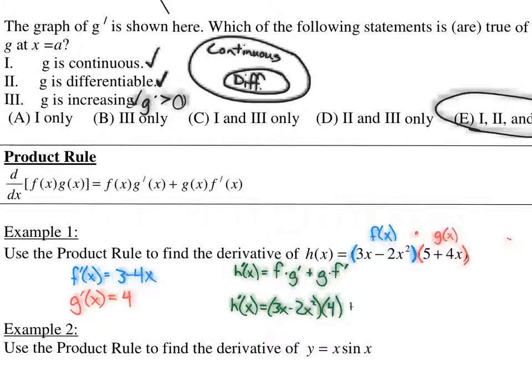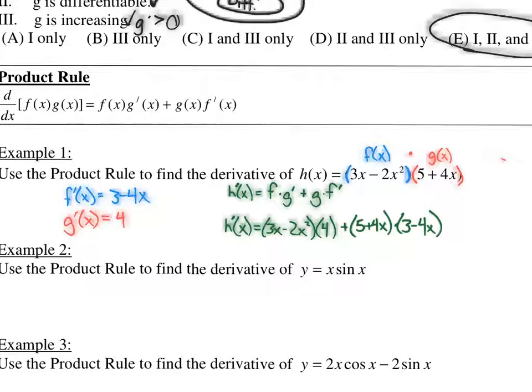Then we add to that the original g, which is 5 plus 4x, times f prime. Well, f prime we figured out over here as well. It's 3 minus 4x. So we fill that into our formula, and at this point all we need to do is simplify.